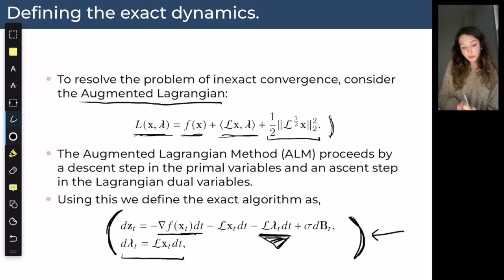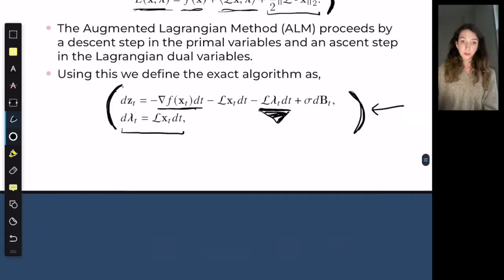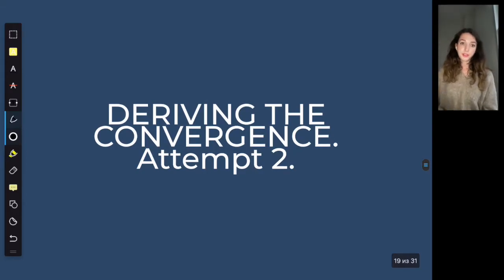And the dynamics of lambda itself are governed by this Laplacian times x. So at a high level, you get these by differentiating this augmented Lagrangian and accounting for the Bregman divergence that we additionally need in these primal and dual, ascent and descent steps. So this is what we then call the exact algorithm. And our hope is that this will be able to converge fast to the exact optimum.